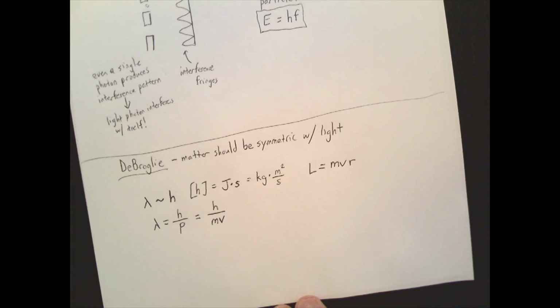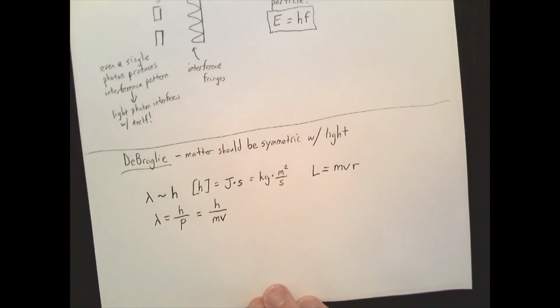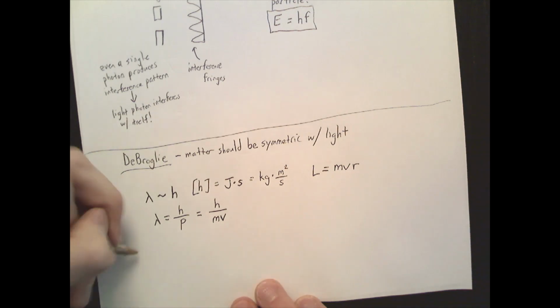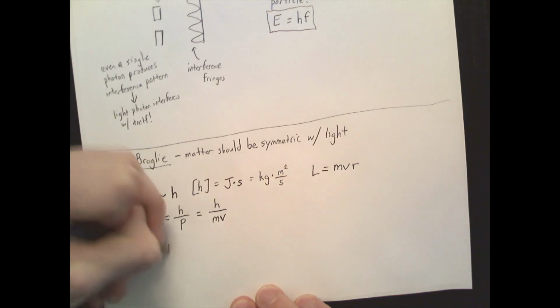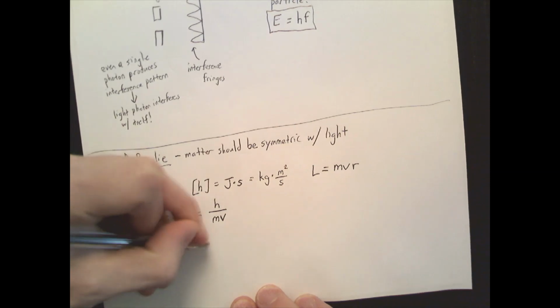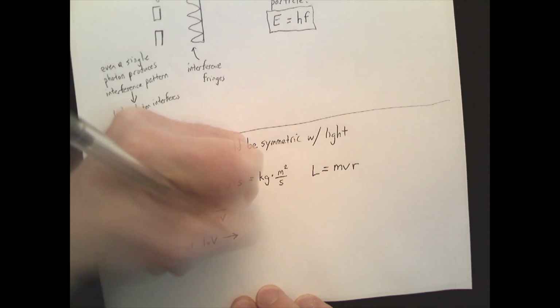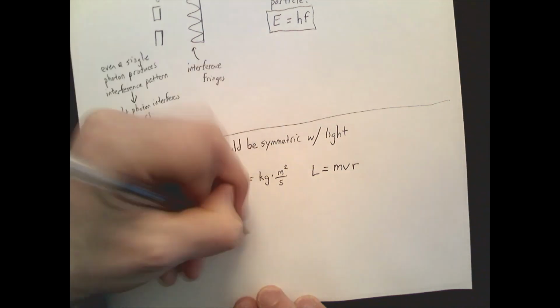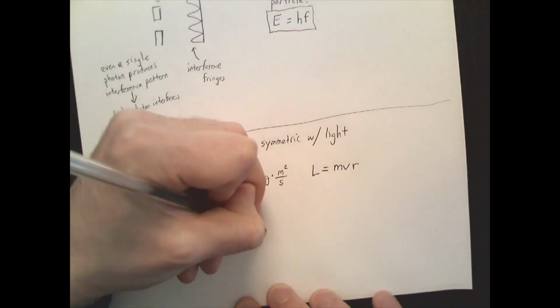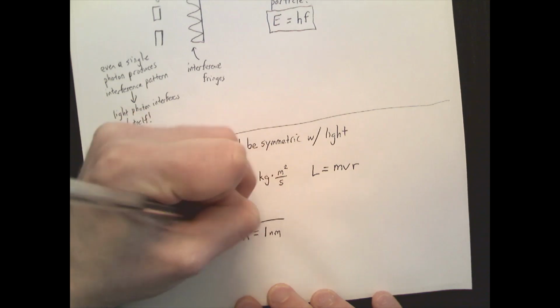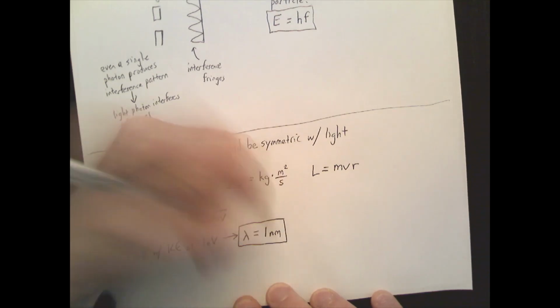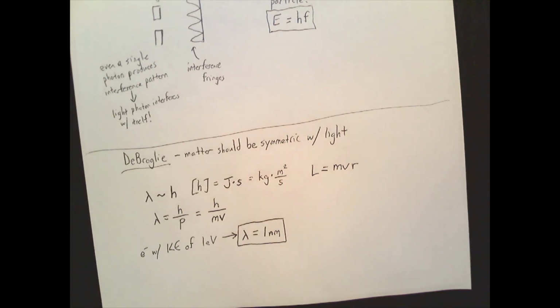However, when you get small things like electrons, their wave-like property, because of their small mass, becomes inherent. And even an electron with a kinetic energy of 1 electron volt has a wavelength of about a nanometer. So that's significant. That's a particle actually acting like a wave.